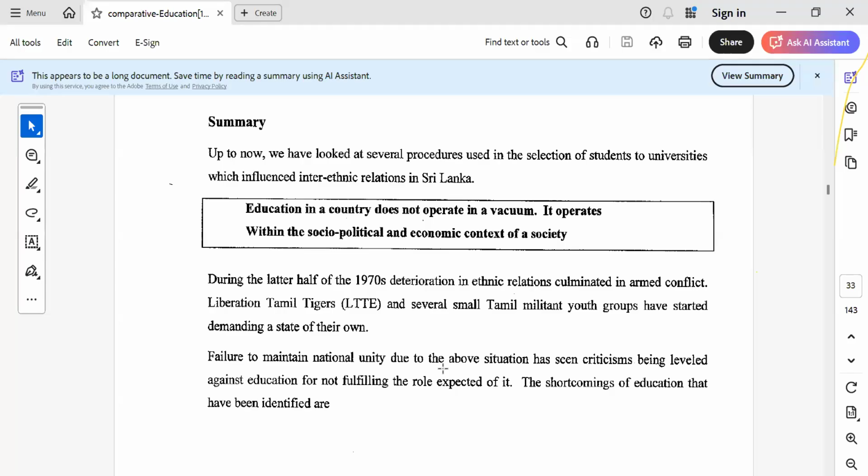Failure to maintain national unity due to the above situation has seen criticism being leveled against education for not fulfilling the role expected of it.